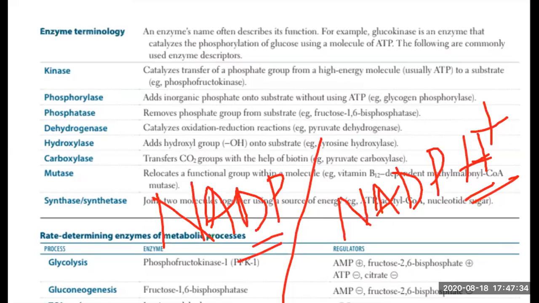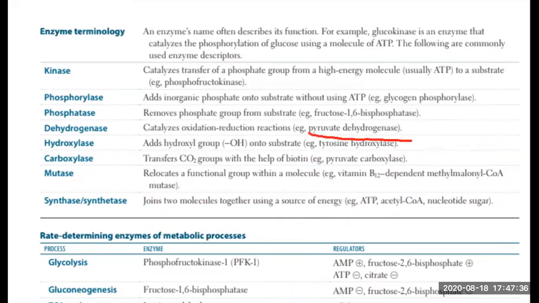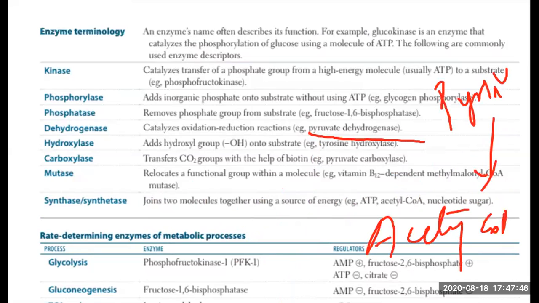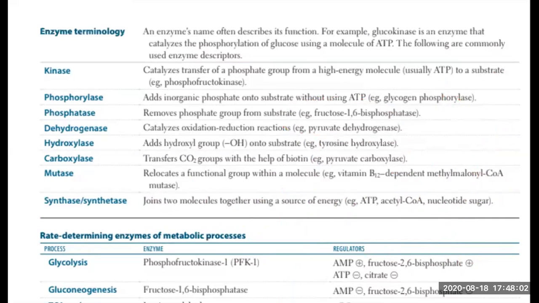So now they have given you the example of pyruvate dehydrogenase, which is an enzyme that converts pyruvate into acetyl-CoA. Okay, this is not a rate limiting enzyme. This is just an enzyme that is converting pyruvate, the final product of glycolysis, into the first substrate of TCA cycle, acetyl-CoA.